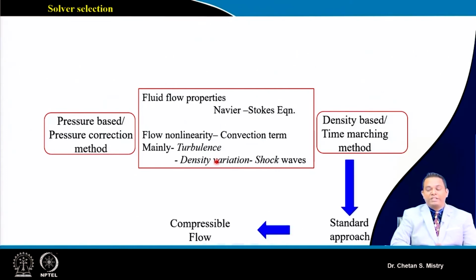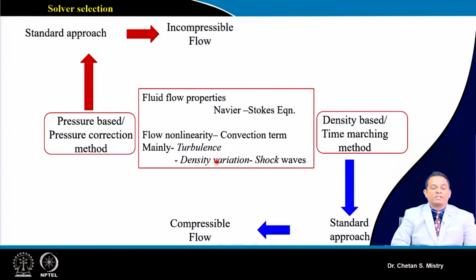Now this density based solver is the standard approach when we are analyzing compressible flow. When we are going with incompressible flow, the standard approach is to go with a pressure based solver. Now this pressure and density based solver is always a question mark for a code developer as well as end users.